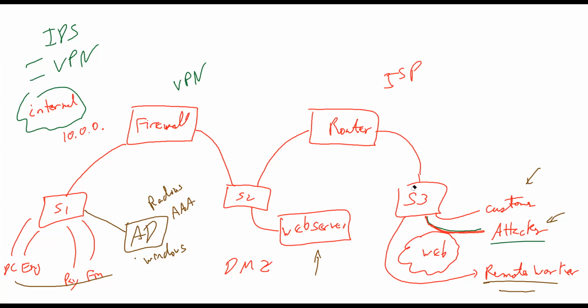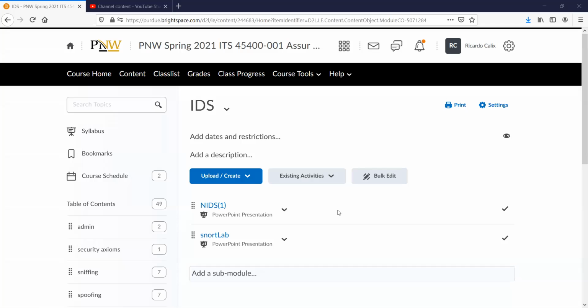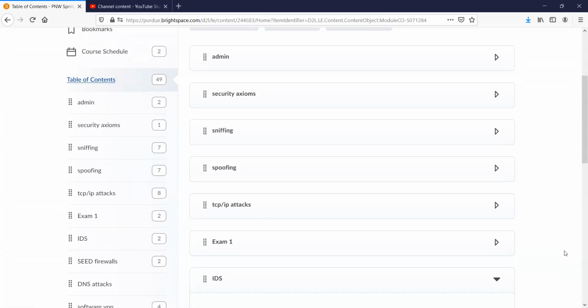I do want to point out that I do have some documents about this on Brightspace. So let me do that. There's a lot of documents actually that you can read through. So let me switch over to Brightspace. All right, so there's a lot of documents on here about this.